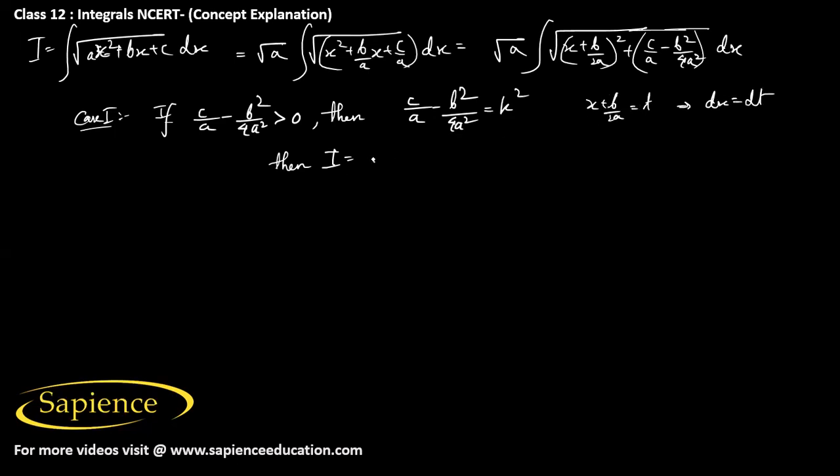So the integral will be root a integral square root of t square plus k square into dt. So then it will be root a into t by 2 into square root of t square plus k square.